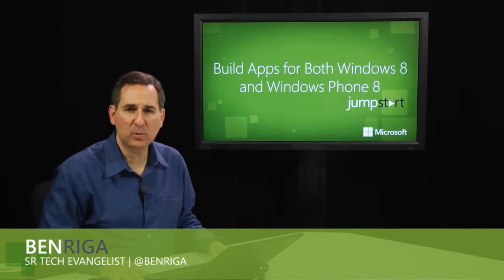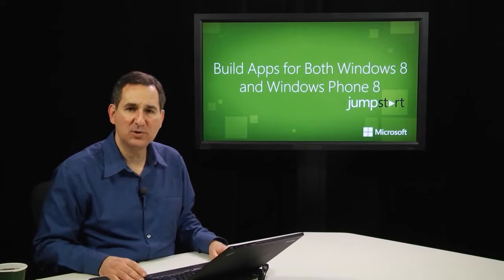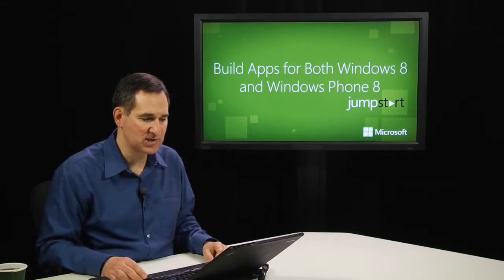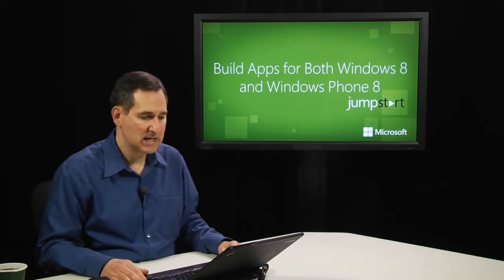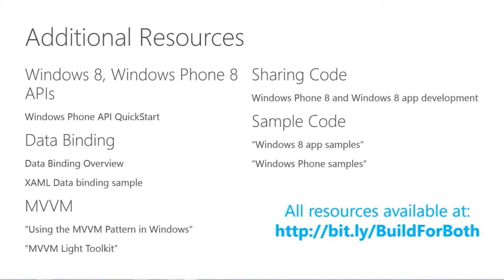Now, I'm told that one of the questions that's been asked a few times is where can we get the source code and so on, and I did mention there were some resources, so I'm kind of forward referencing some of the stuff I was going to talk about at the end. If we look at this slide, these are the additional resources. I've created a bit.ly bundle, and you can get to it at bit.ly/buildforboth, with a capital B, a capital F, and a capital B again.